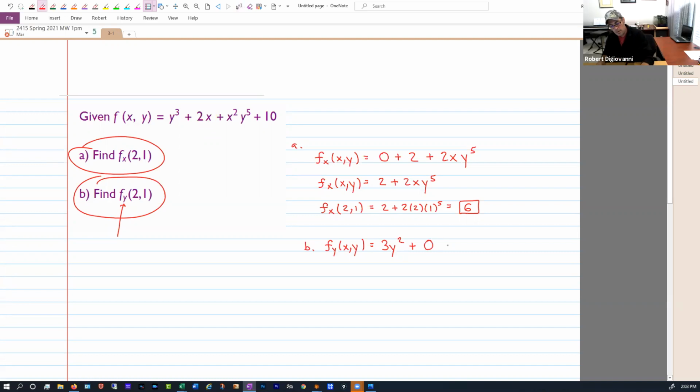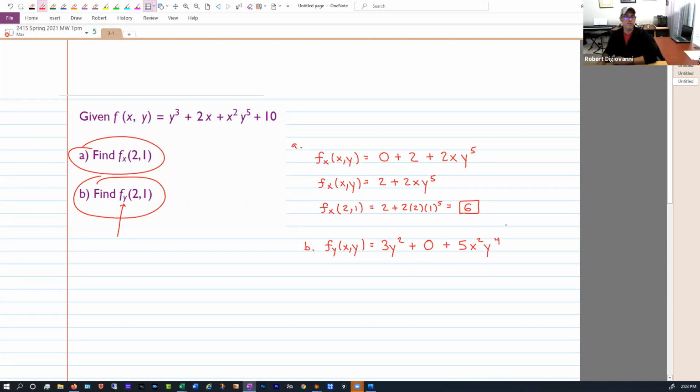Good. Okay, plus, we're going to keep going, Fabiola. So remember, x squared is just a number now, right? But it's attached to y to the 5th. So what would that derivative be? 5. Could it just be 5x squared y raised to the 4th?